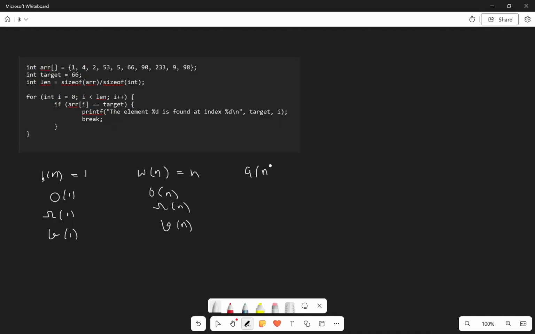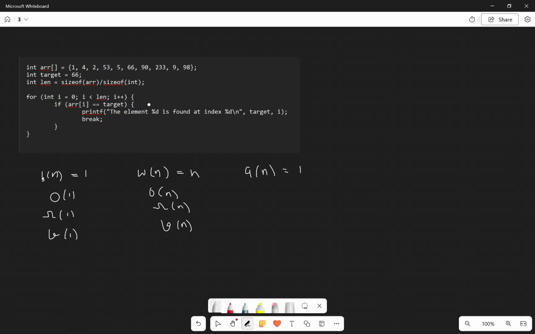In an average case scenario, what we do is sum up the number of steps it would take to get each element, and then divide by the number of elements. To get the first element, I would take only one step, only one iteration.